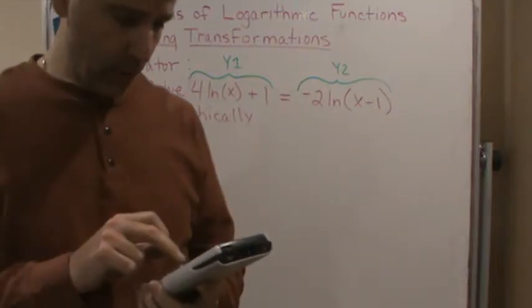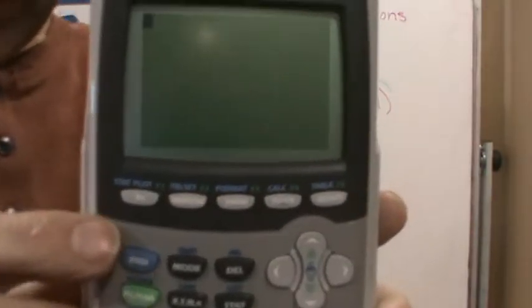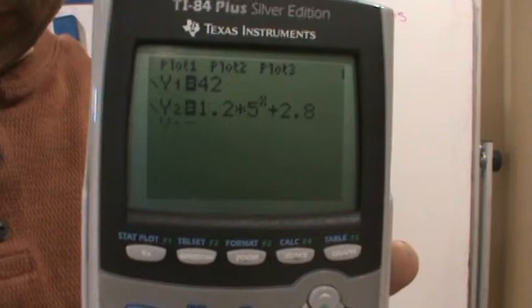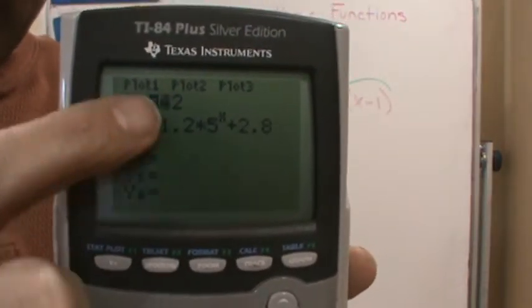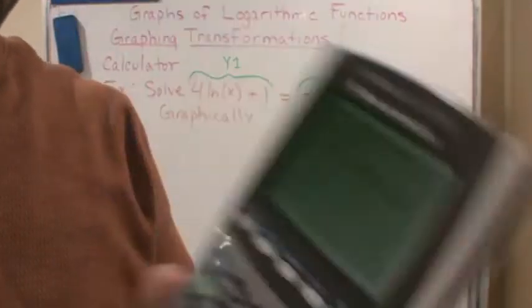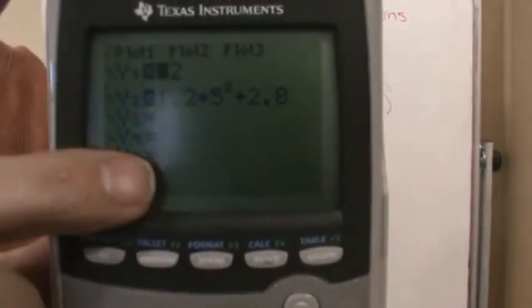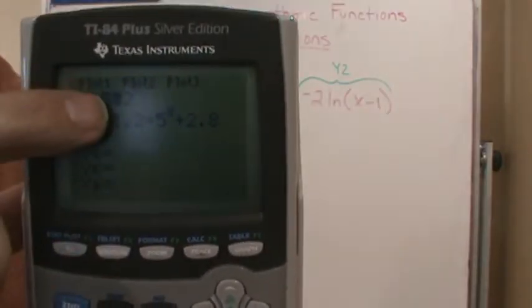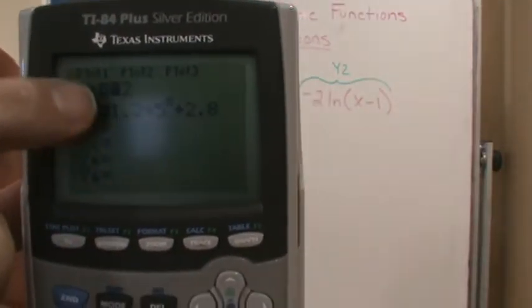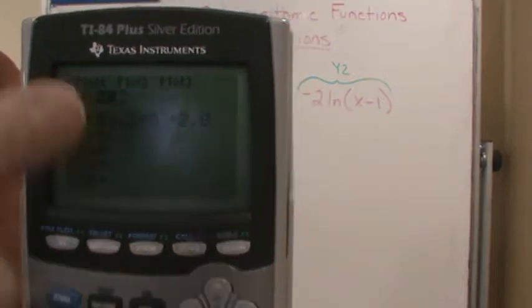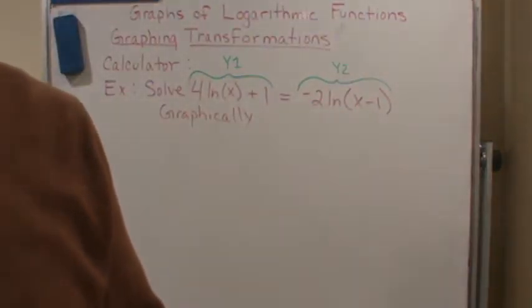The first thing we're going to do, looking at my calculator, is go to the y equals screen and clear out anything that you have for y1, y2. You could use y3 or y6 if you didn't want to clear these out, that's fine, but I'm going to clear them out.